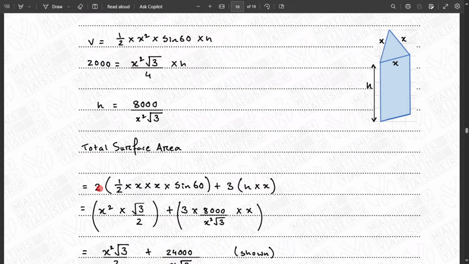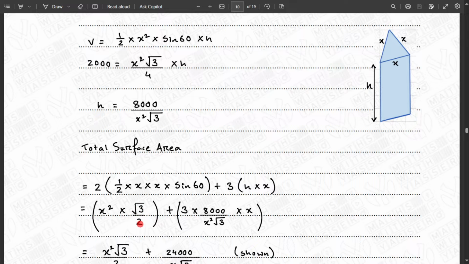So that will be 2 times the area of each triangle, which is half AB sine theta, plus we have 3 rectangles on the sides. Since there are 3 of them, we multiply length times breadth, which will be h times x.